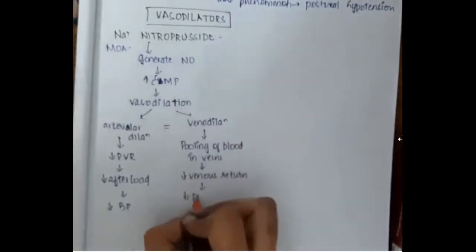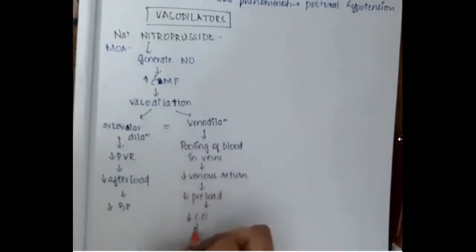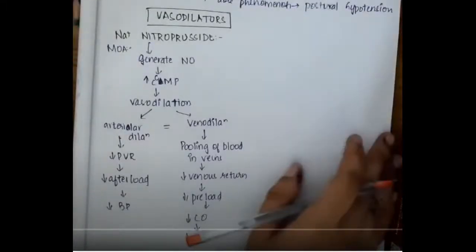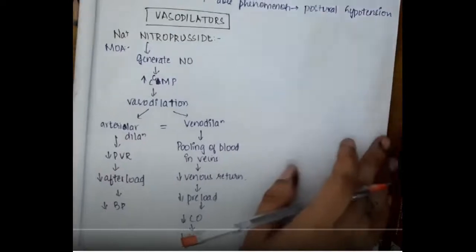If it causes venular vasodilatation, it causes pooling of blood in the veins, thus causing decreased venous return and decreased preload. Because of decreased venous return, it decreases the cardiac output, and finally it decreases BP. So either it causes arteriolar dilatation or venular dilatation, the final effect would be a decrease in BP.